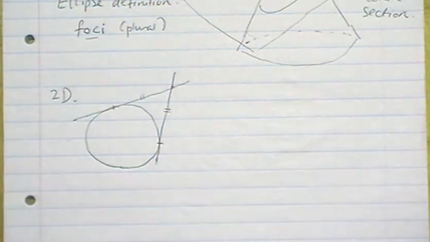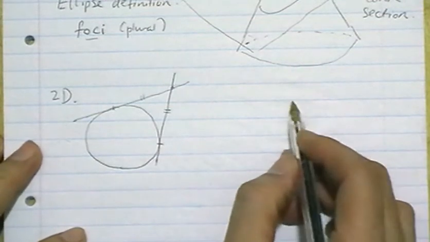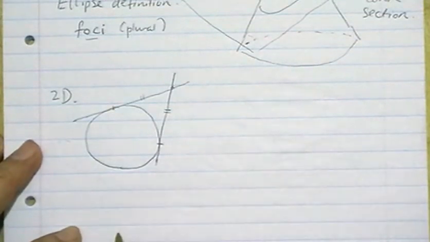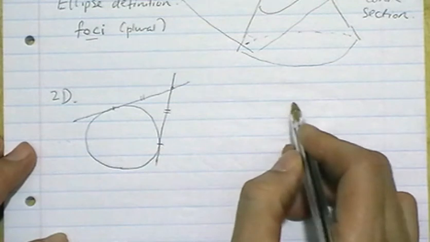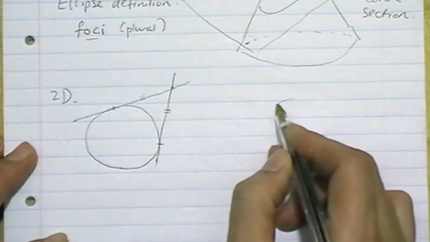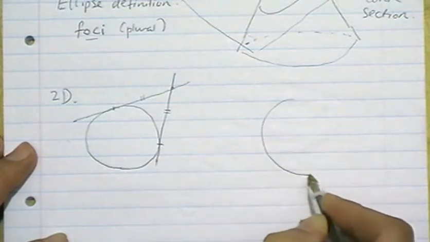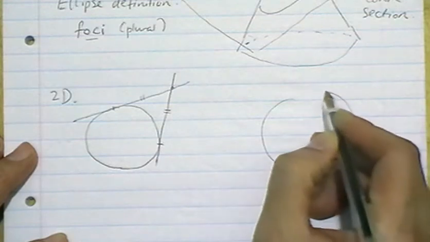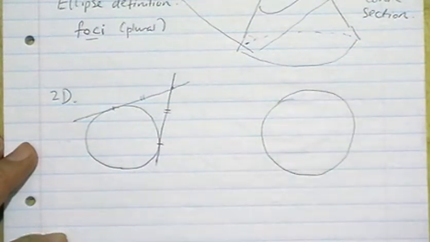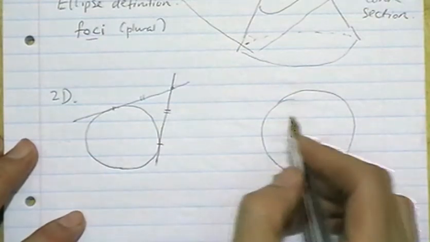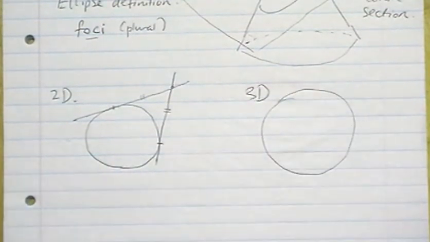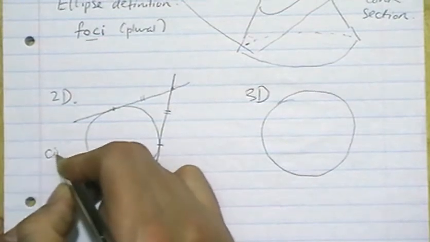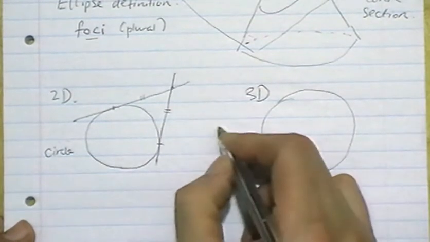Right, next, let me draw a sphere. Right, so that's in 3D. That's a sphere, so that's a circle.